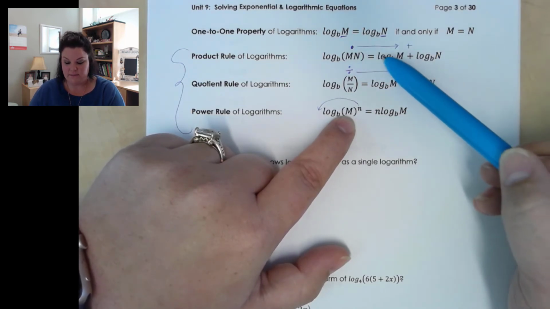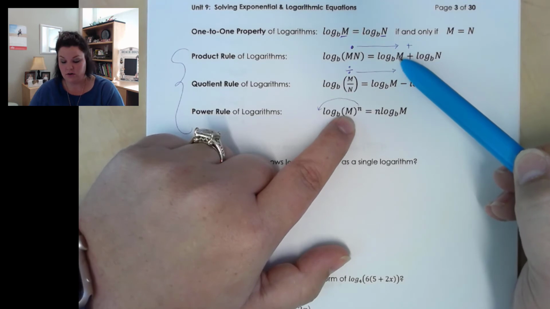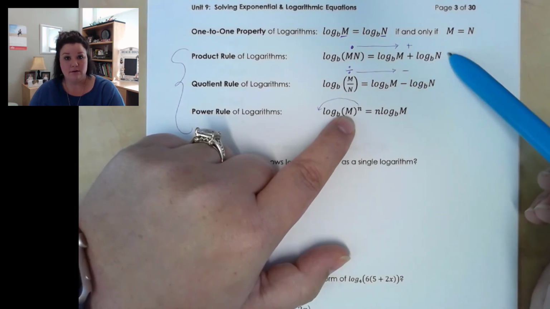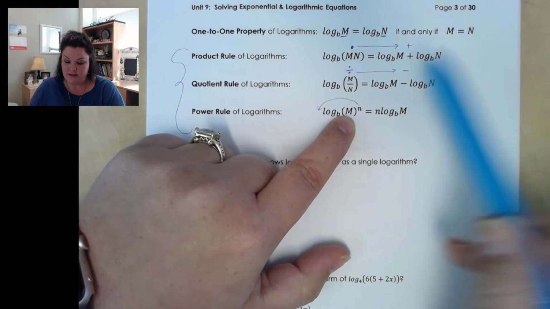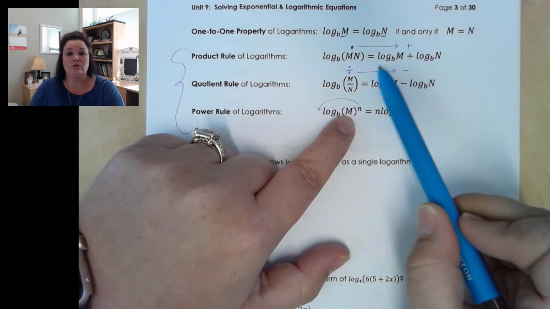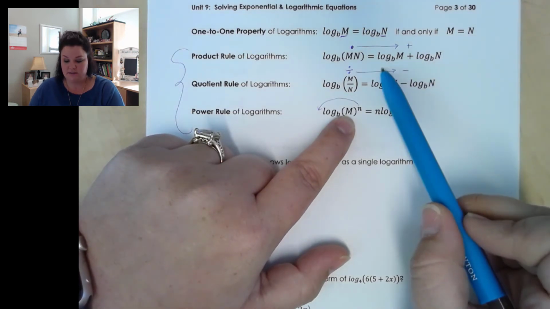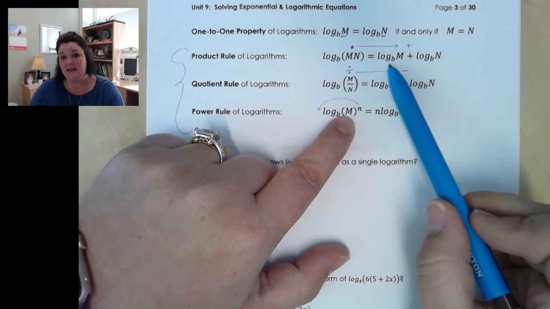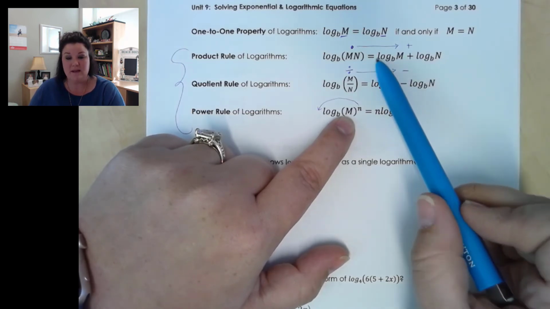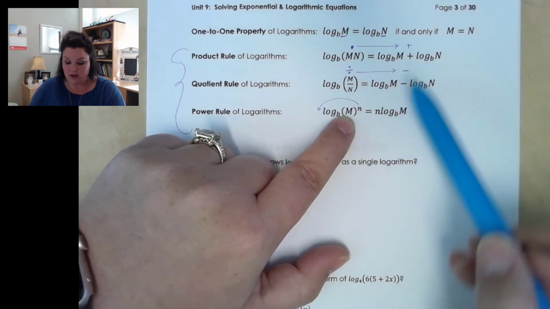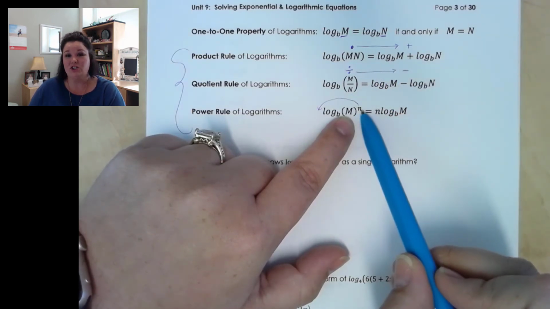So I would have log base b of m and another plus log base b of m, right? So that would mean I would have two terms that look identical. So they would be like terms. So instead of writing them separately, I could add them together and say, okay, well, that will equal 2 log base b of m.